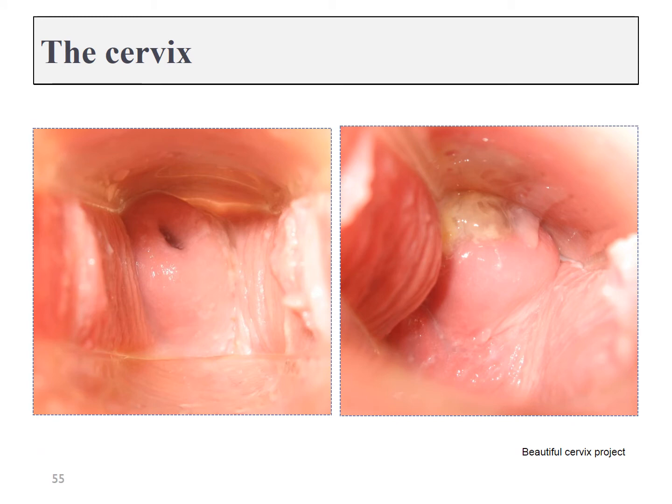Here on the left, we see a view from the vagina looking onto the cervix. And at this point, we must be in the follicular phase of the ovarian cycle, or the proliferative phase of the uterine cycle, because the cervical os is open.